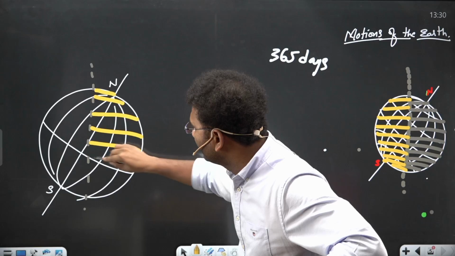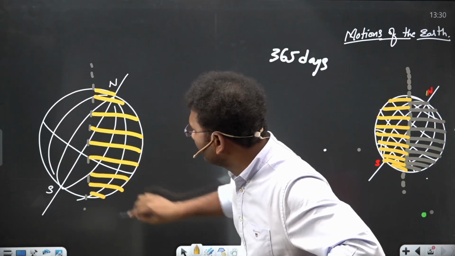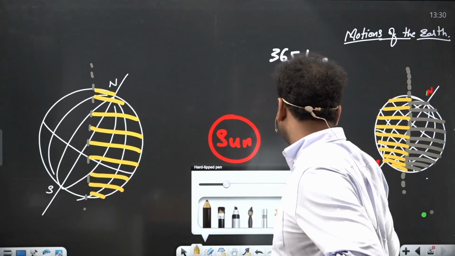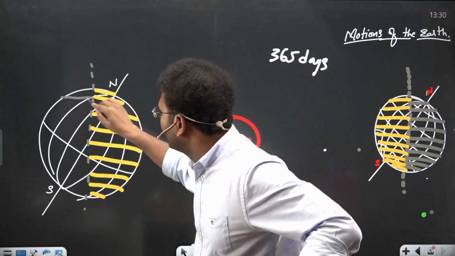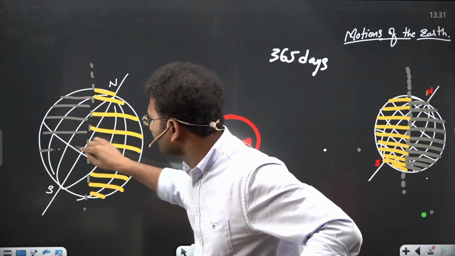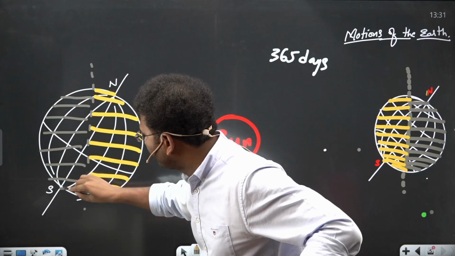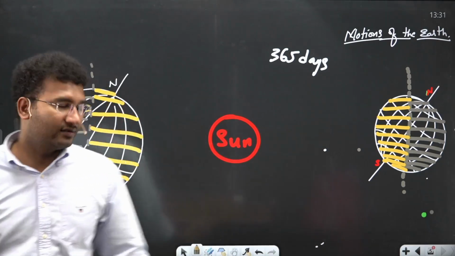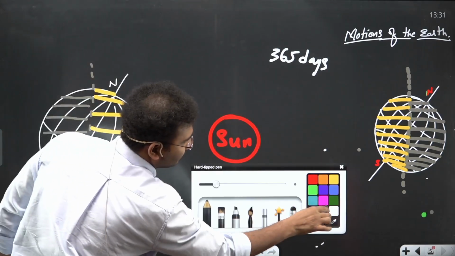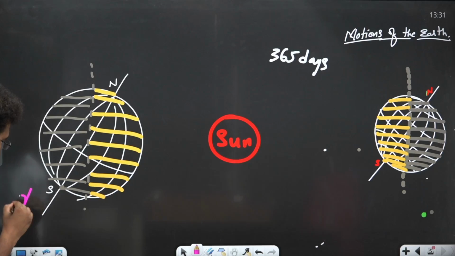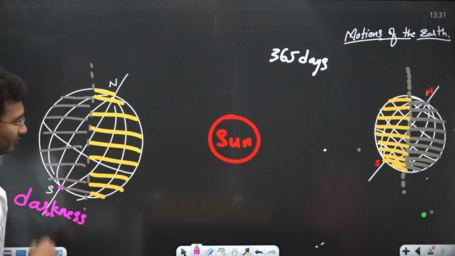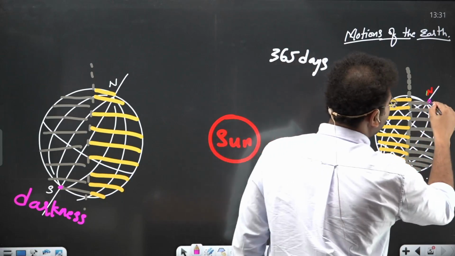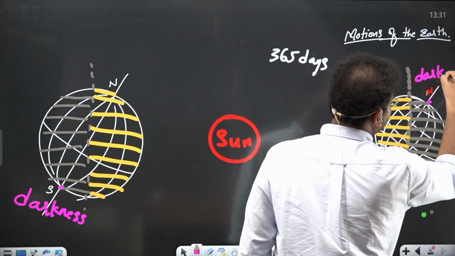Now you tell me, do you have light at the North Pole or darkness at the North Pole? Look here, this is the area of the darkness. Now South Pole, it is having darkness. That means South Pole is having darkness. In this case, North Pole is having darkness.